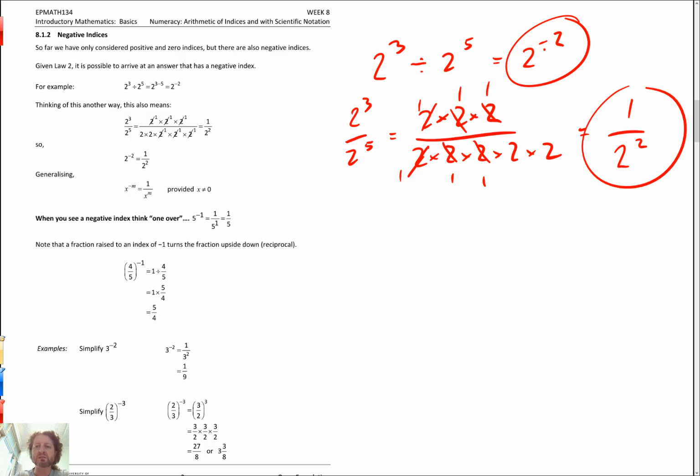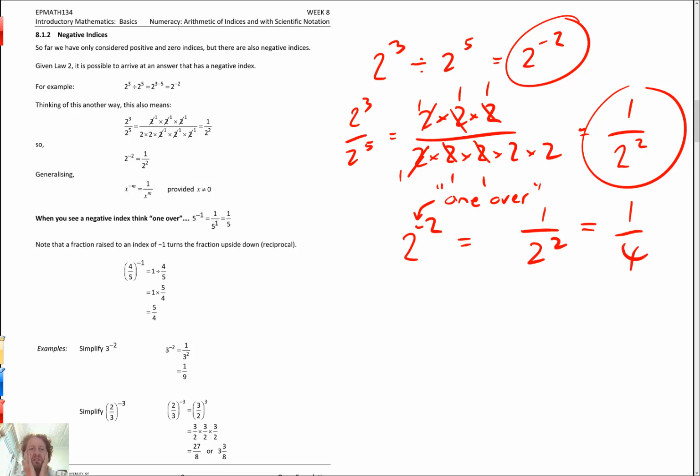That minus is the same as 1 over. If I define minus powers meaning 1 over, the 2 is still being squared. Whichever answer you look at, it's a quarter. And that's locked in. When you see a negative index, think 1 over.